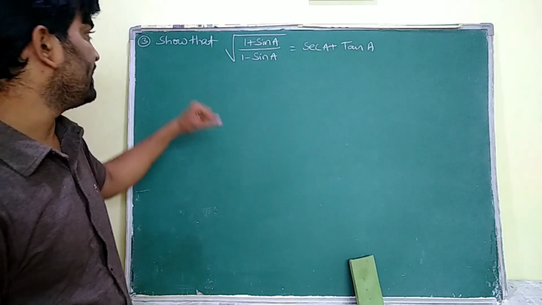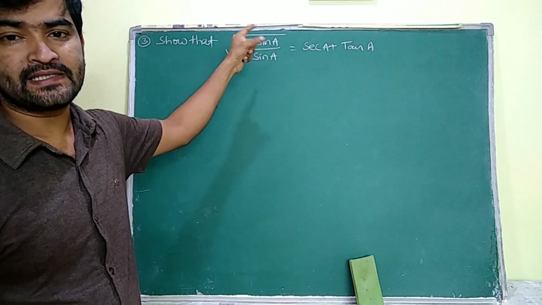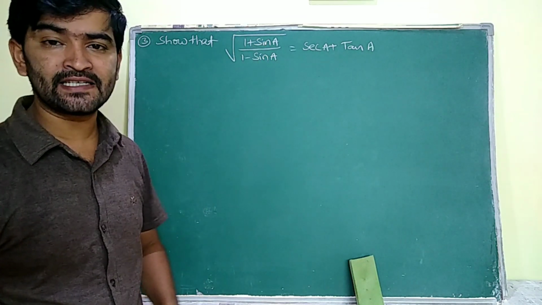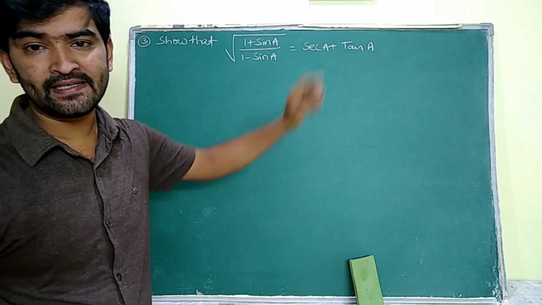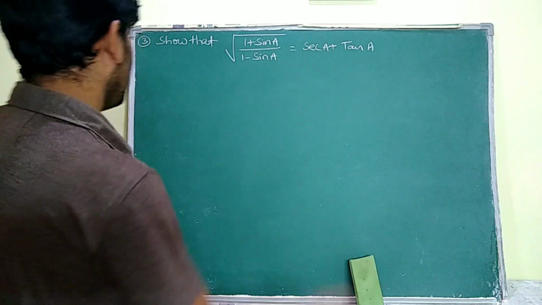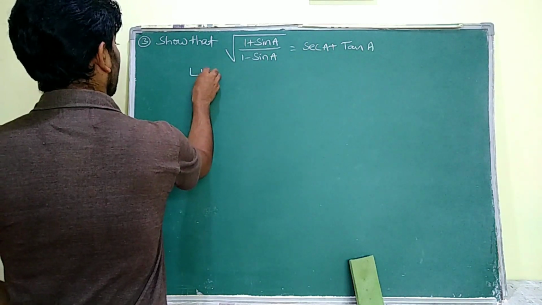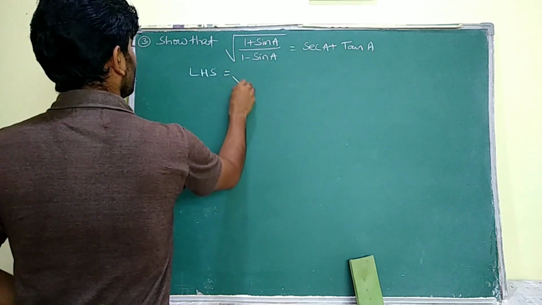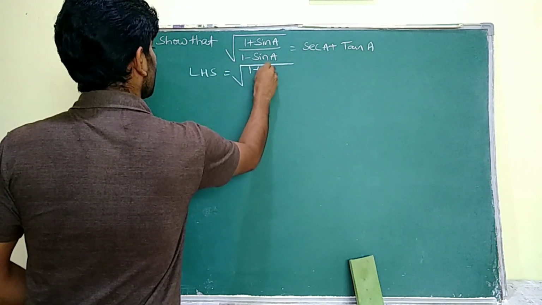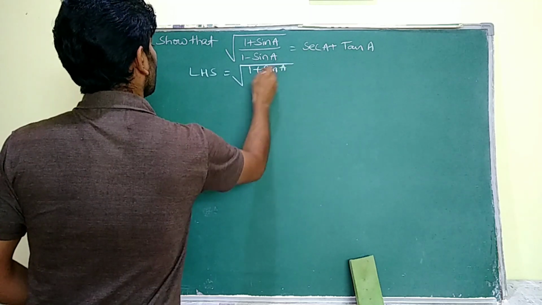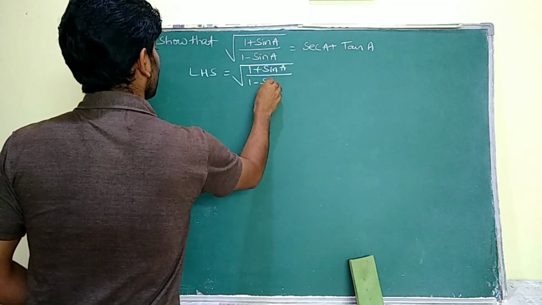Third question. Show that root over (1 plus sin A) by (1 minus sin A) is equal to secant A plus tan A is asking. For that, consider the LHS. LHS is equal to root over (1 plus sin A) by (1 minus sin A).